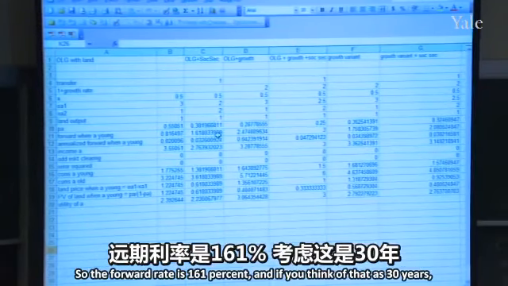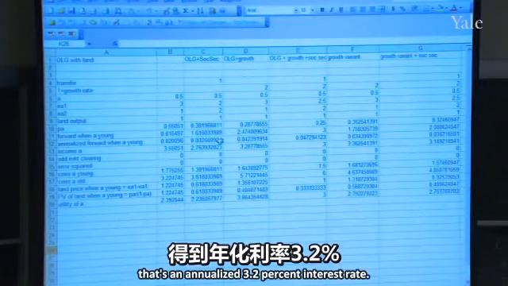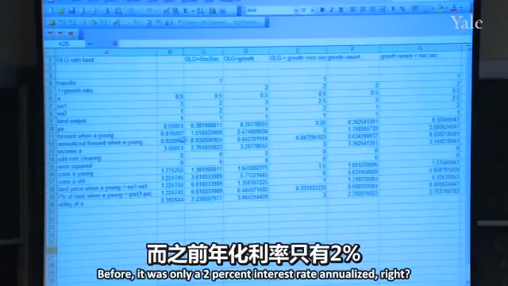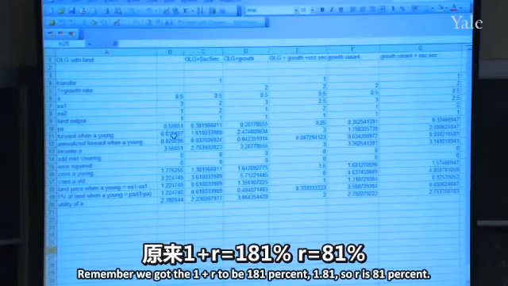Okay, so the forward rate is 161%. And if you think of that as 30 years, that's an annualized 3.2% interest rate. Before, it was only a 2% interest rate annualized, right? Remember, we got the 1 plus R to be 181%, 1.81, so R is 81%.